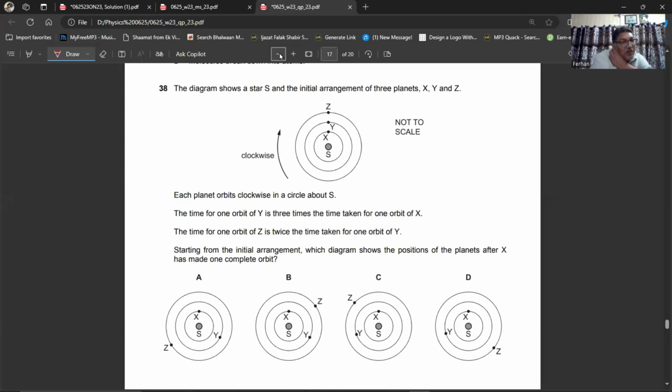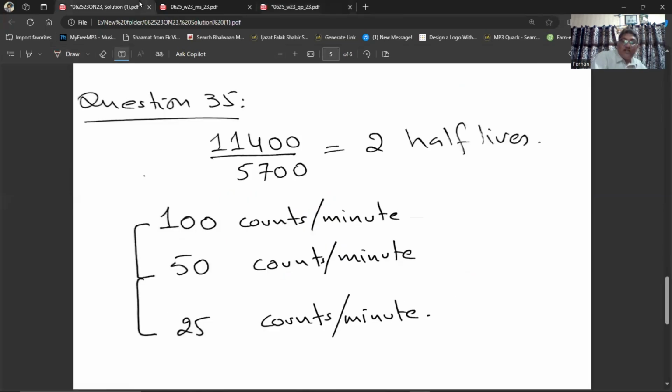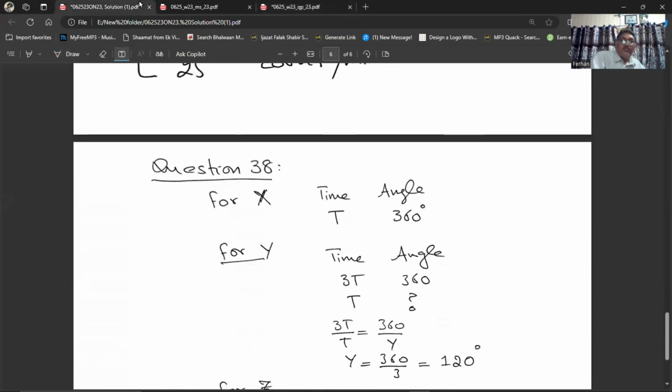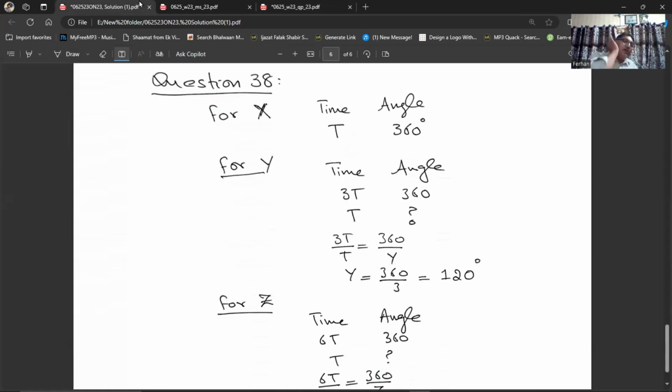Starting from the initial arrangement, which diagram shows the position of the planets after X has made one complete orbit? Okay, so try to understand this. For X in time T, it completes 360 degrees, so it completes one cycle.